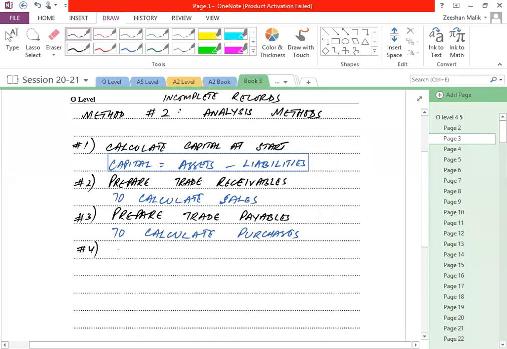Number 4, prepare expenses account for such expenses where accruals and prepayments are given. Not for all expenses, but for such expenses where we have accruals and prepayments.